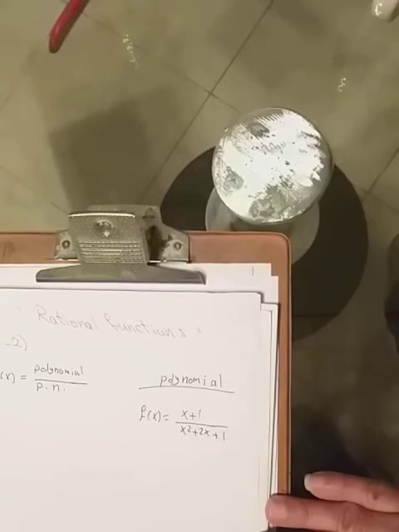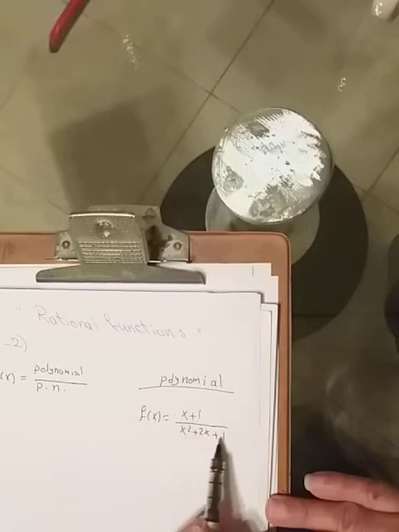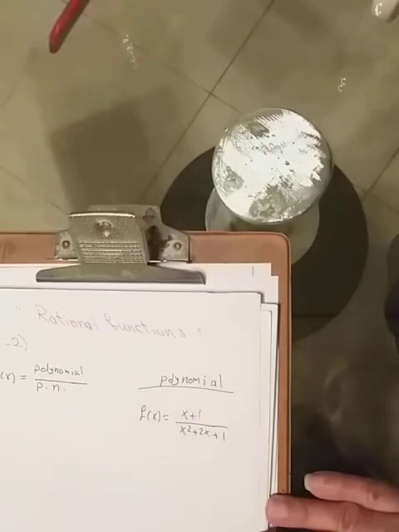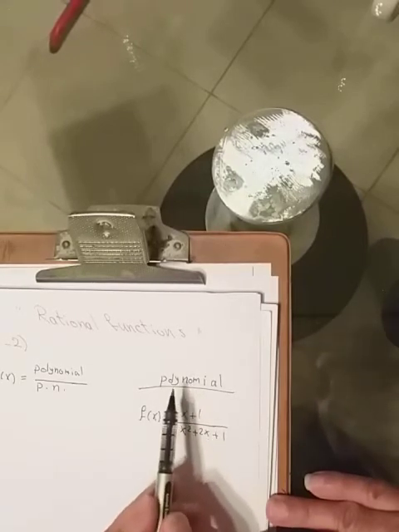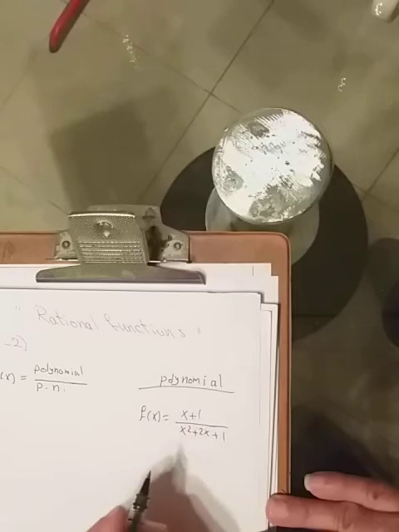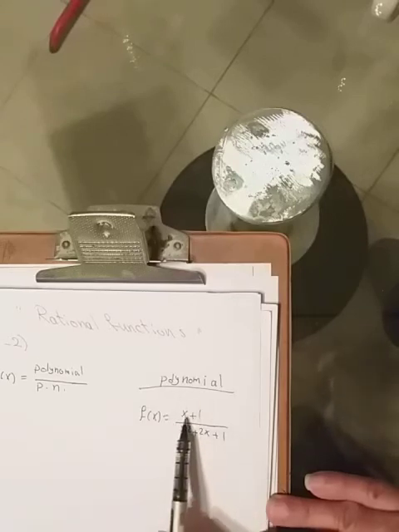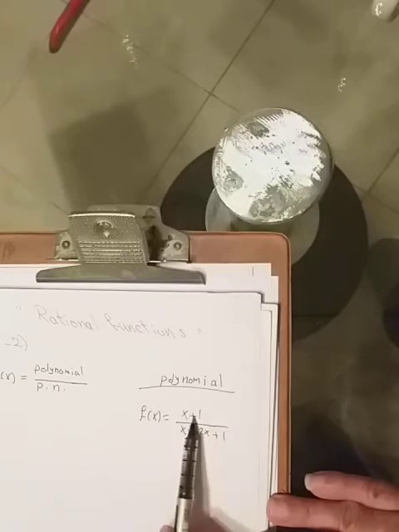This is polynomial over polynomial, then we have a rational function. A polynomial should be variables or numbers separated by plus or minus.